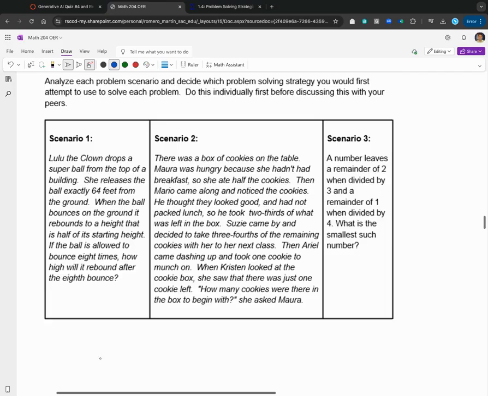I think I would start drawing, but some people may start looking for numerical patterns and making a list of the numbers versus drawing. We have a cookie problem where you're doing fractions, and so I want to start with the numbers. Let me put a list of numbers. Or some of you want to draw it out like we saw the other one. So just keep that in mind as you encounter different scenarios and problems. What would you do? Devising a plan. Now you've been introduced to different ideas.